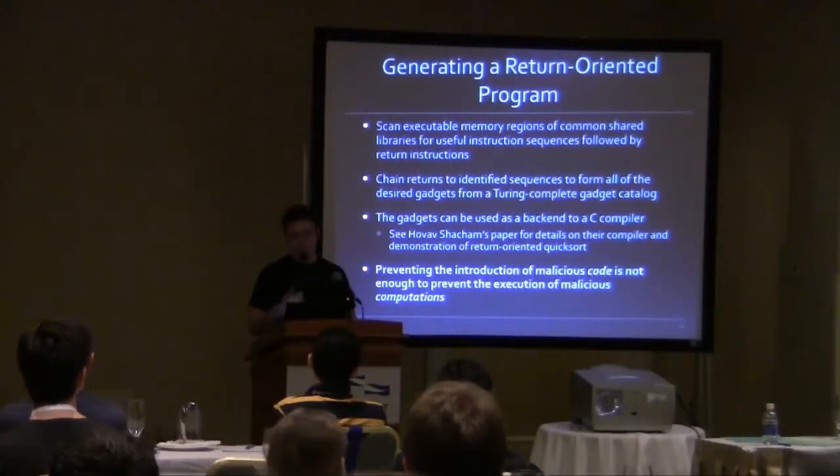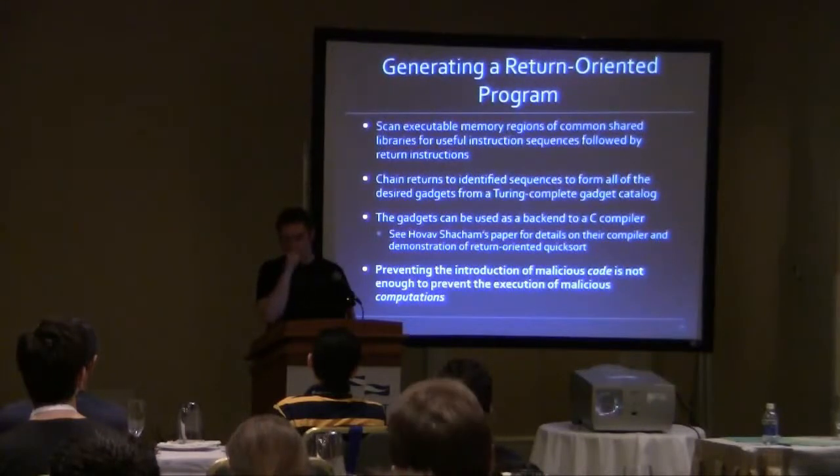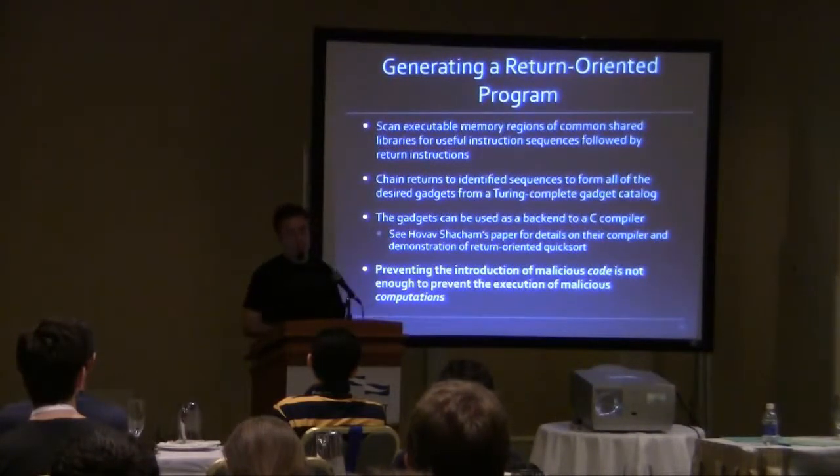In his initial paper, they actually wrote a compiler for this. They compiled QSort to use only return sequences into libc. It took like 1,000, 1,500 bytes, but it demonstrated that it was Turing complete, which is their big work. Again, what this shows is that preventing the introduction of malicious code is not enough to prevent the introduction of malicious computations, because these random bytes in memory can be composed to achieve whatever the attacker wants.